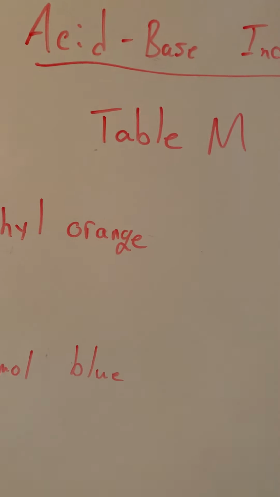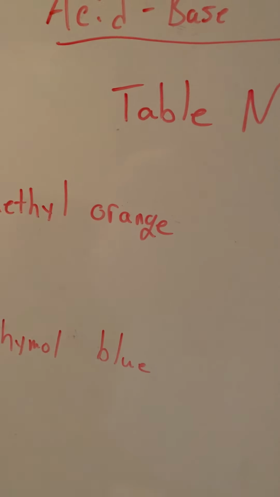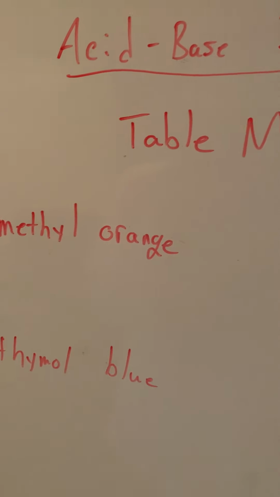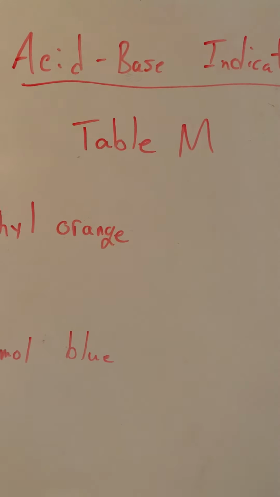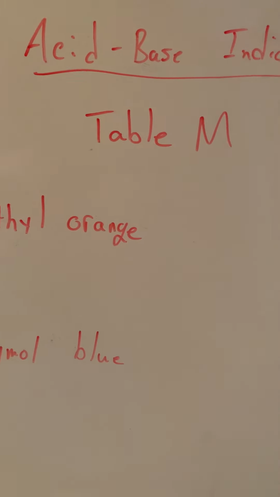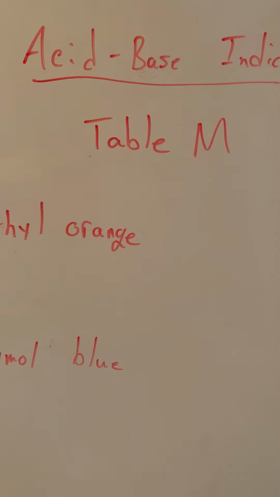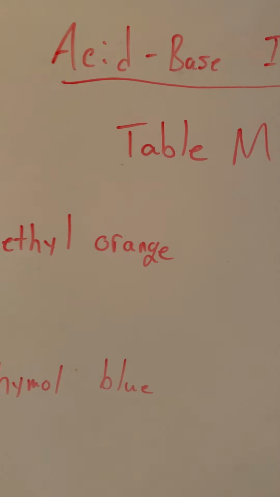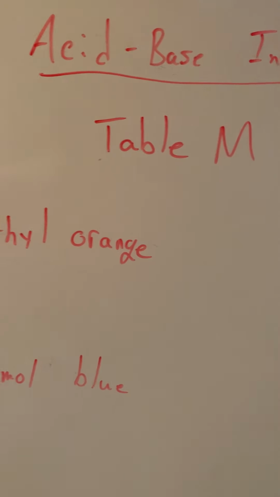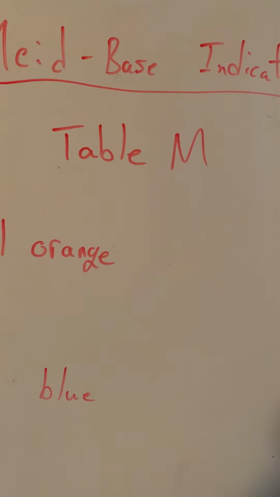And that really has to do with pOH, but that's for another video. For acid-base indicators, we're talking about substances that change color depending upon the pH. This is really useful when we're talking about titrations, which is something that you read about yesterday and that you'll watch another video on today.